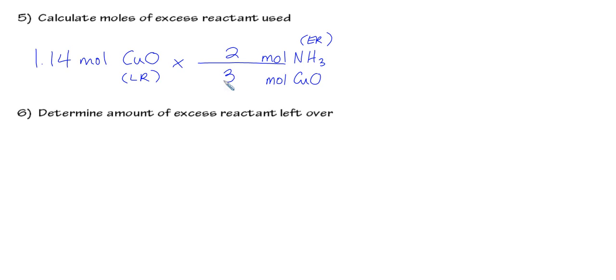2 to 3. And if you want, you can make a pit stop right here at moles. You can plug this in. 0.760. That's moles of ammonia that gets reacted or used.